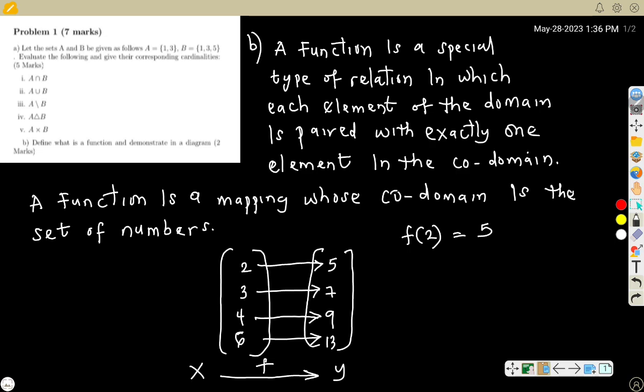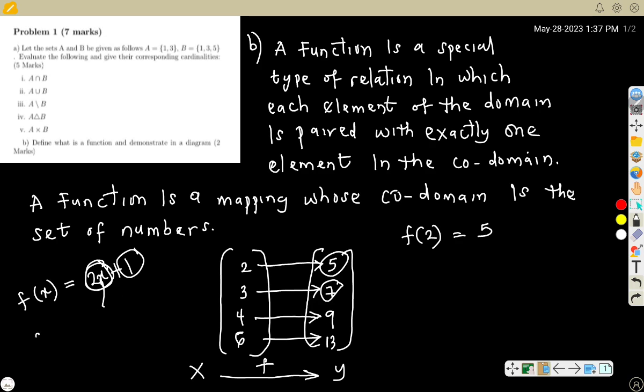And if we generate the equation for this, you will have f(x) = 2x + 1. So that is the general formula. So when x is 2, 2 times 2, 4 plus 1, you get 5. When x is 3, 2 times 3 is 6 plus 1, you get 7. 2 times 4, 8 plus 1, you get 9, and like that.